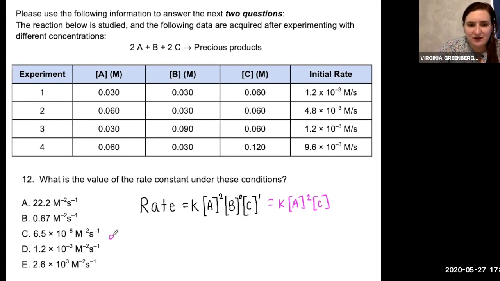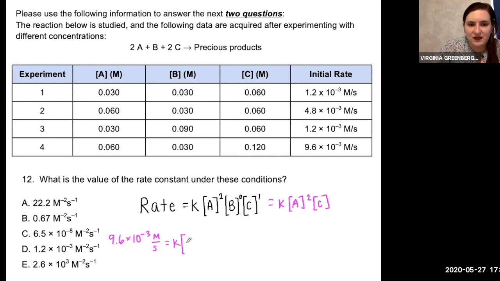But so my rate in experiment 4 was 9.6 times 10 to the minus 3 molar per second. K is what I'm trying to find.